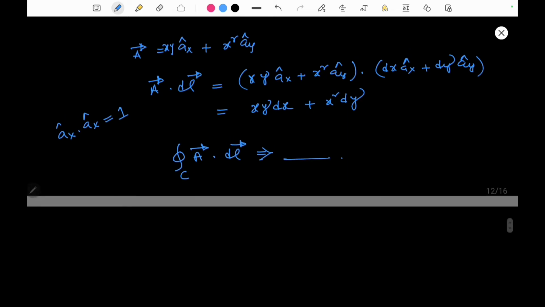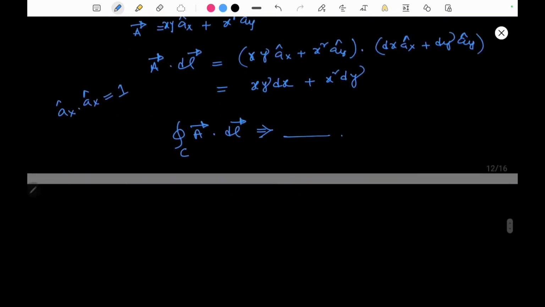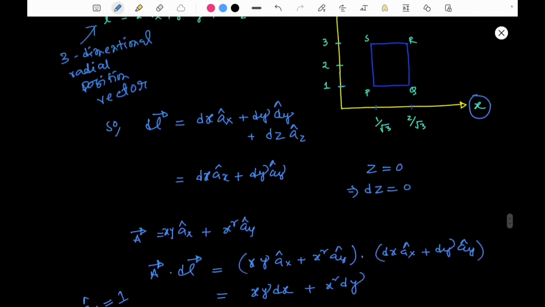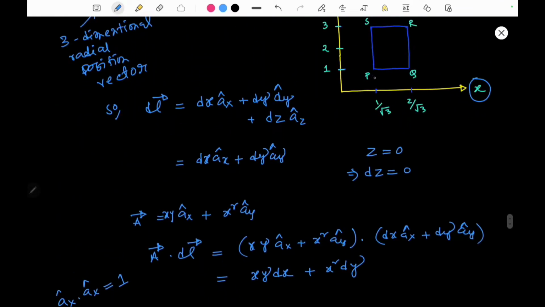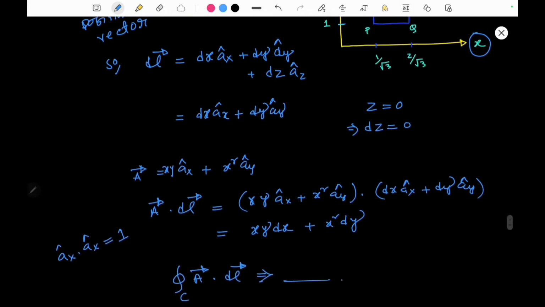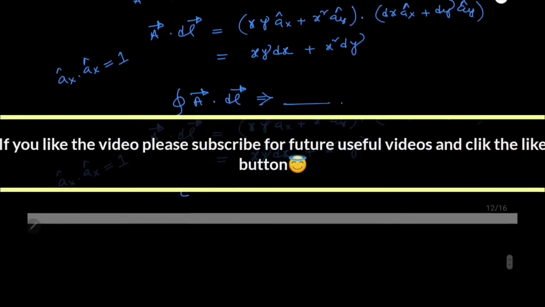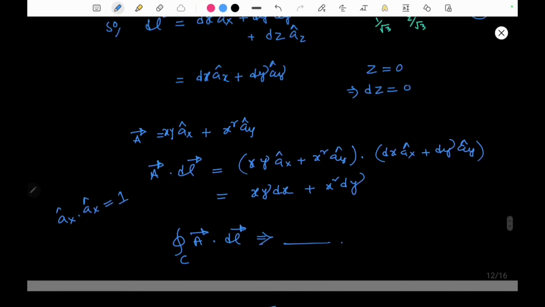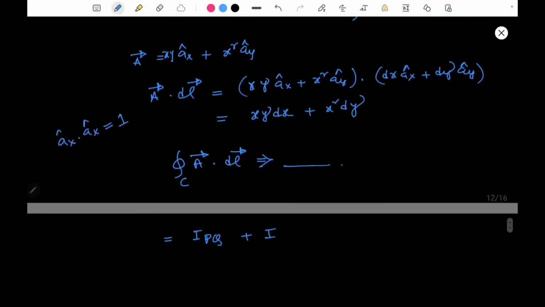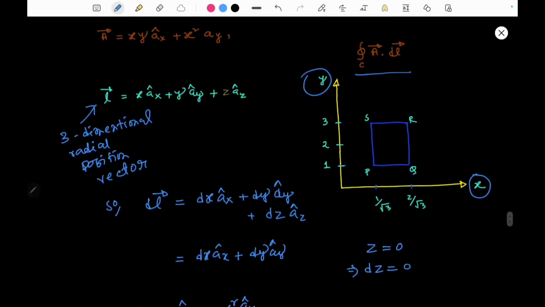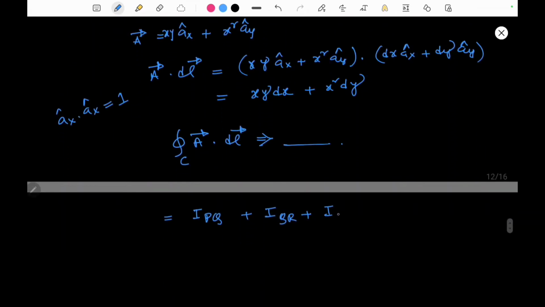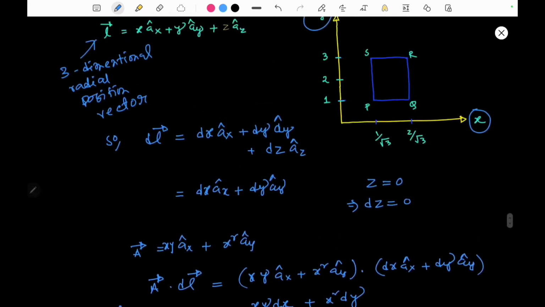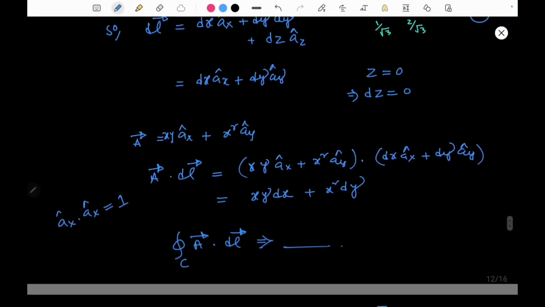You can write here C also. Now, this is a closed integration throughout this closed line. So we can write it like this: PQ plus QR plus RS integration throughout this line and integration throughout SP.